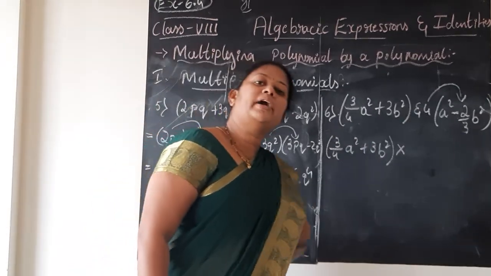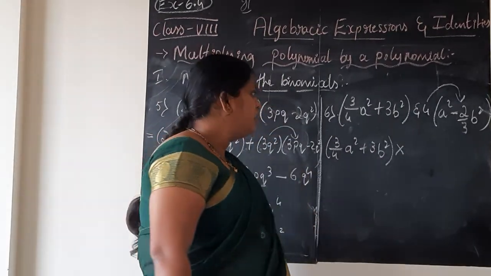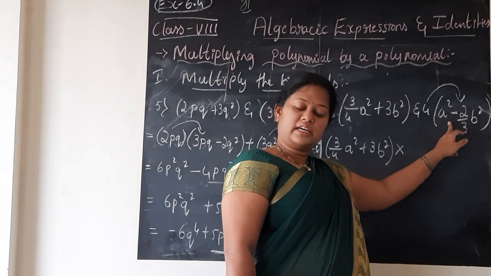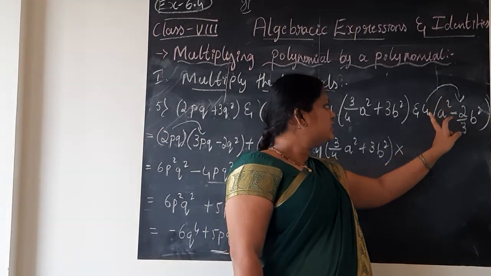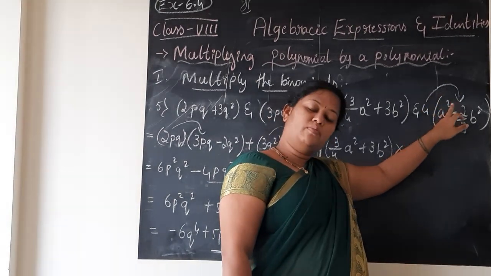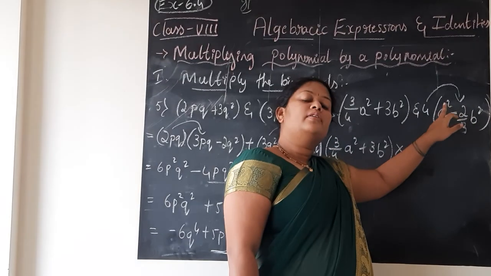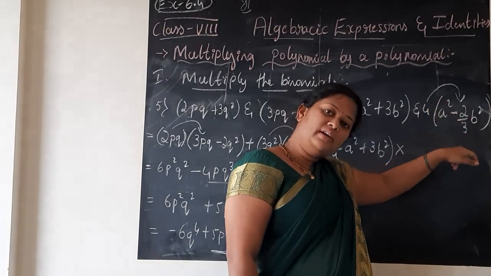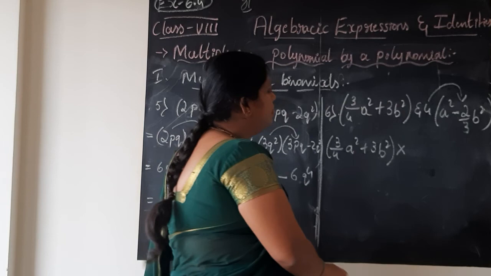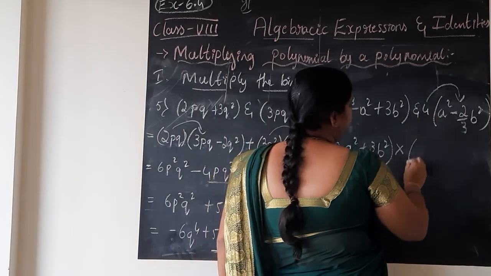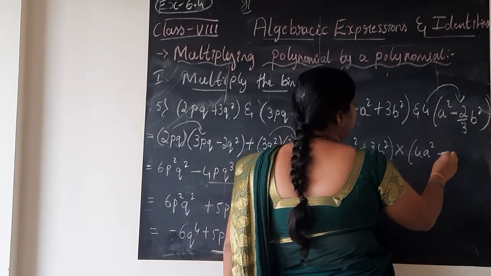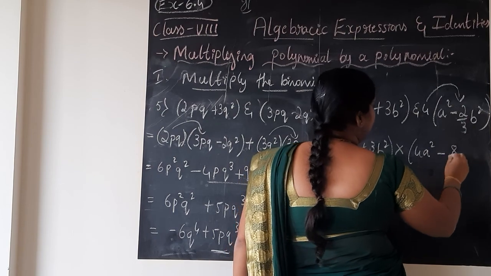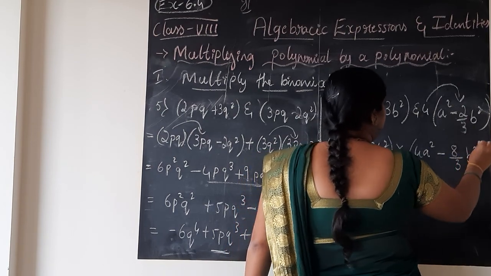Before multiplying a binomial by a binomial, in the second binomial there is one step where you need to multiply the monomial outside the bracket and send it inside the bracket. So 4 into a square, 4a square minus 4 twos are 8 by 3 b square.